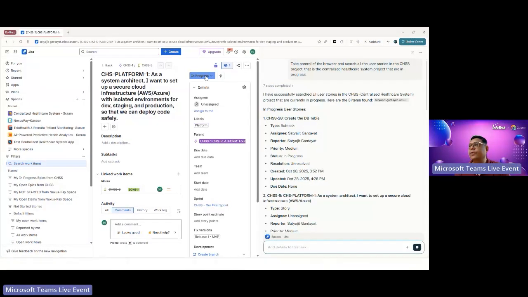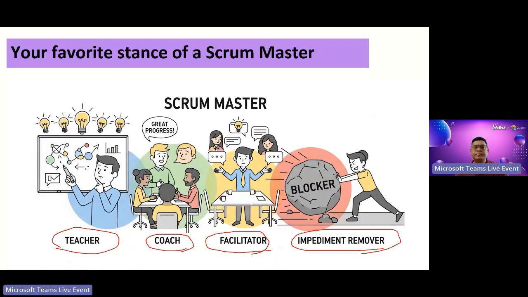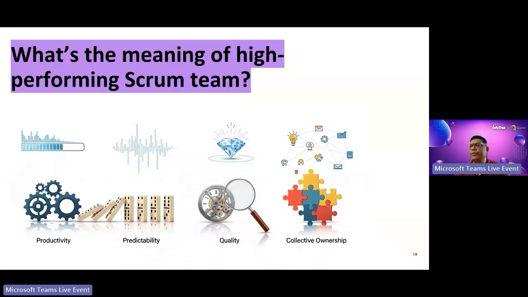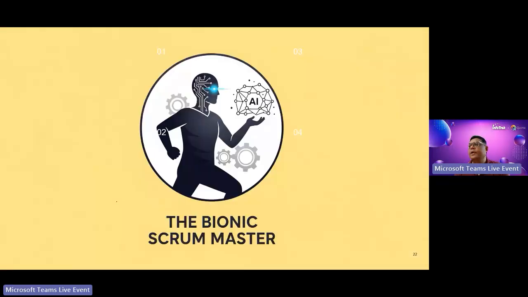It is still in progress. Okay. So you can use AI to do a lot of stuff. I just showed you how I can use it for my productivity, to read the reports and create the reports on its own. Okay.